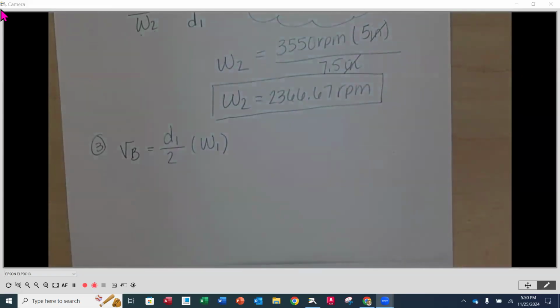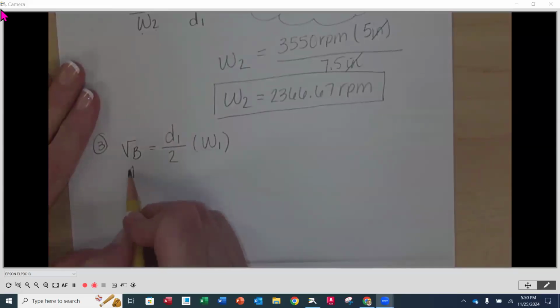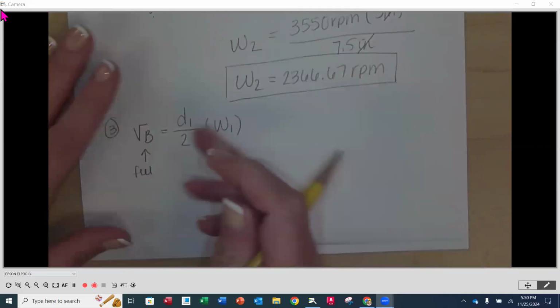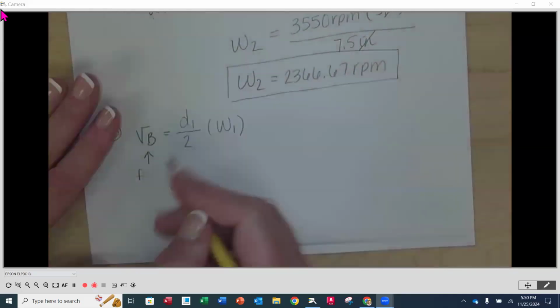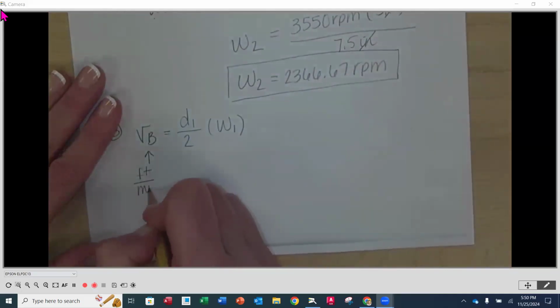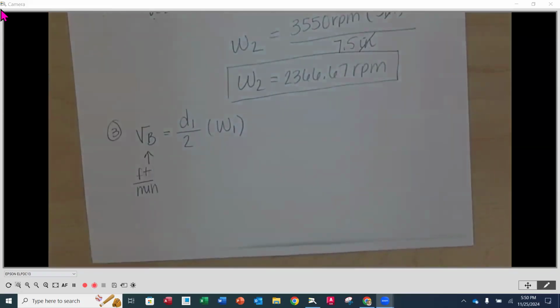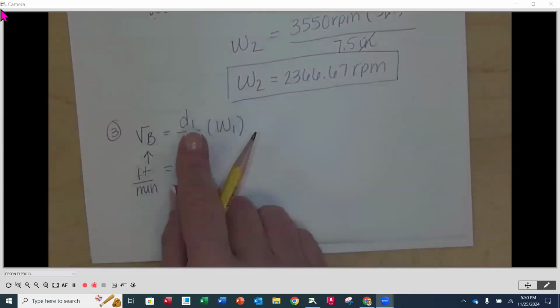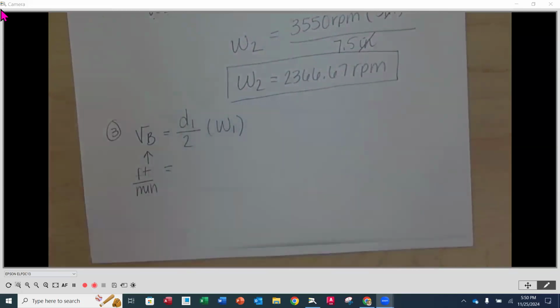Okay. Now, as we said earlier, we are expecting our pitch line speed to be in feet per minute. Okay. Feet per minute. That's kind of the standard units. So our diameter is probably going to be in inches. So we can do the conversion to feet in the end.